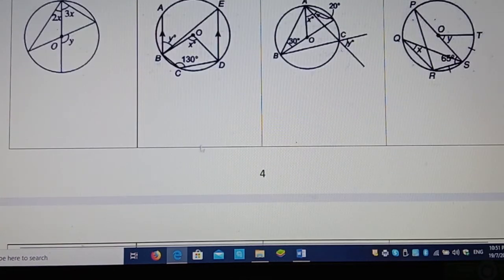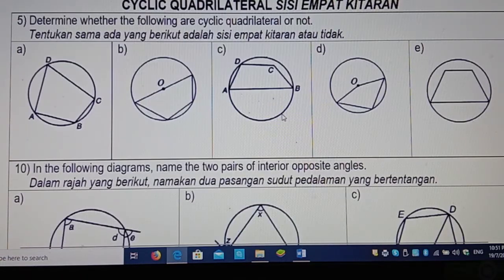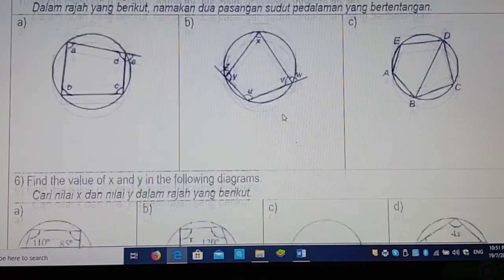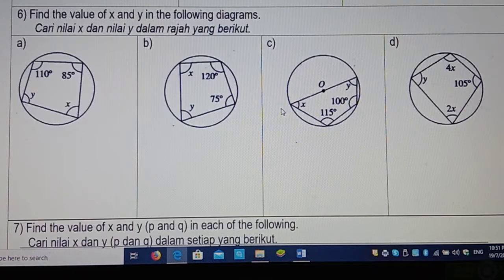So you can try more of these questions. Look at cyclic quadrilateral. Find the value of x and y in the following diagram. We have discussed before, in a cyclic quadrilateral all vertices must touch the circumference, so the sum of opposite interior angles equals 180.